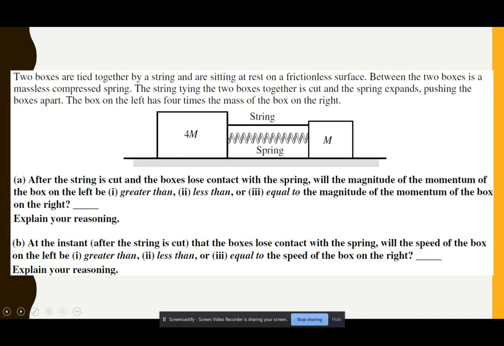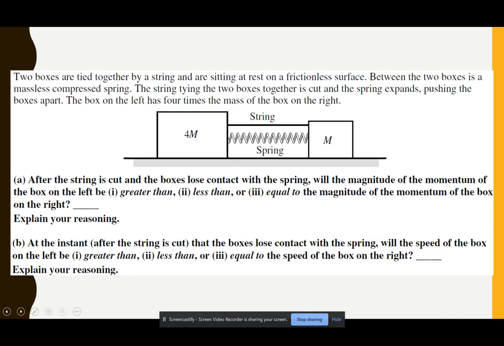2 boxes are tied together by a string and are sitting at rest on a frictionless surface. Between the 2 boxes is a massless compressed spring. The string tying the 2 boxes together is cut and the spring expands, pushing the boxes apart. The box on the left has 4 times the mass of the box on the right.